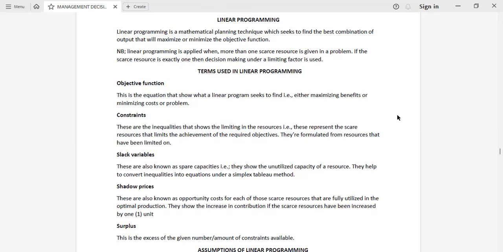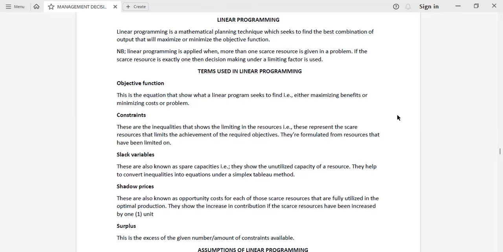Linear programming is a mathematical planning technique which seeks to find the best combination of output that will maximize or minimize the objective function. Here, we are either maximizing profits or minimizing costs, because with management decision and control, we are just looking at costs and profits.